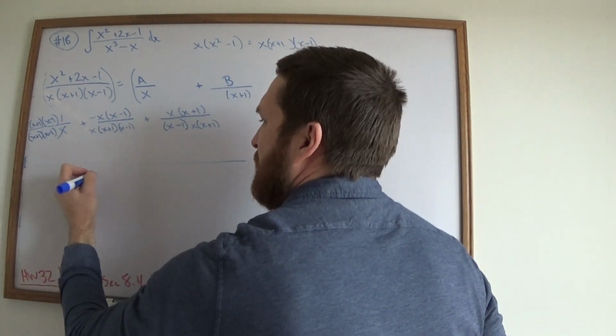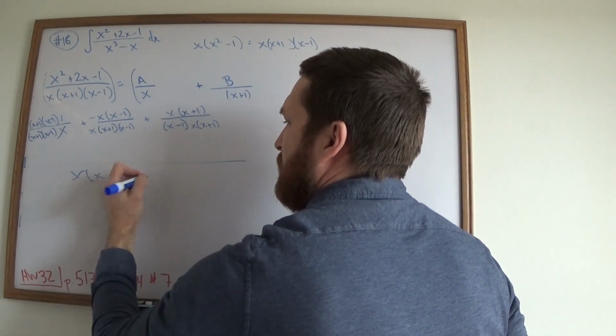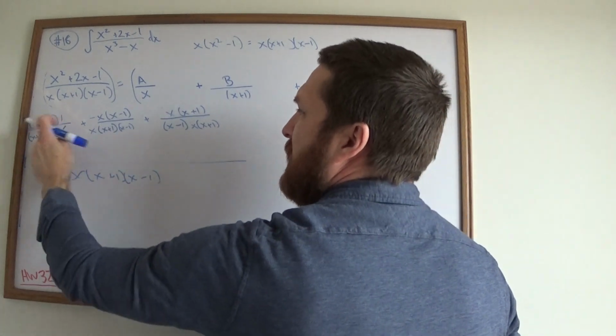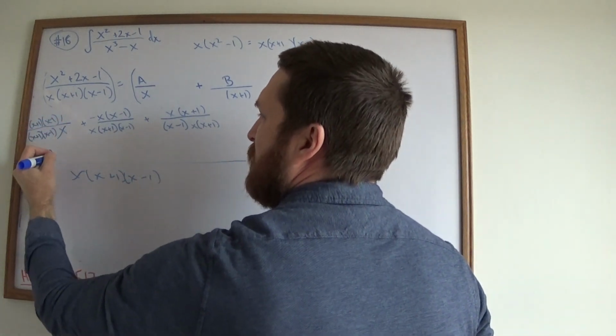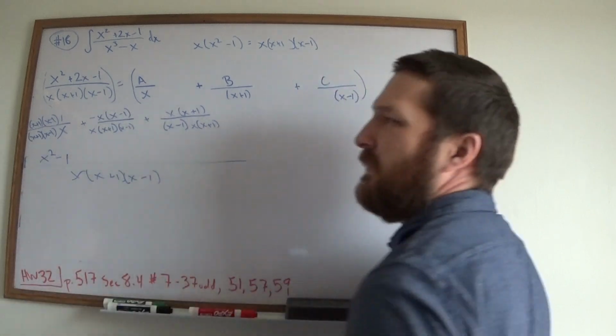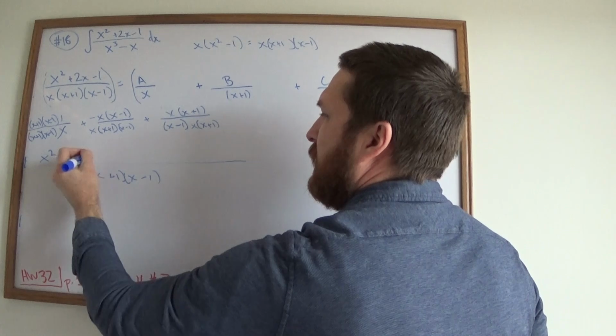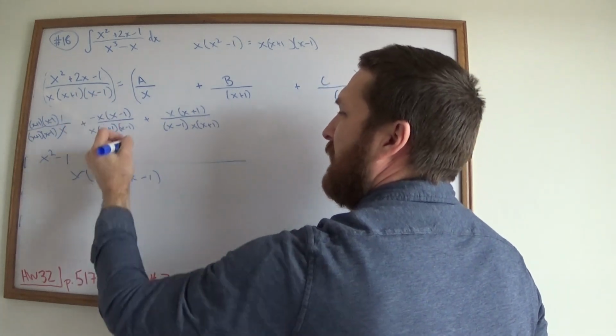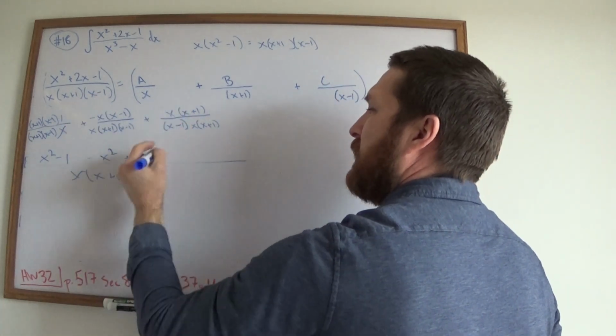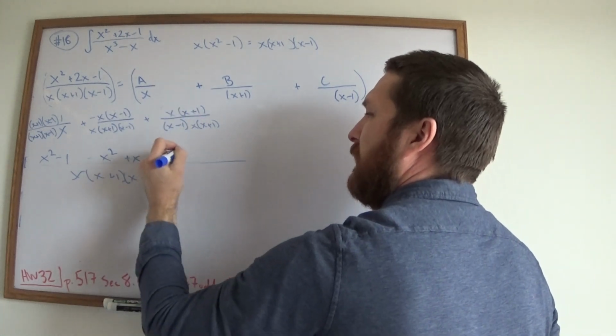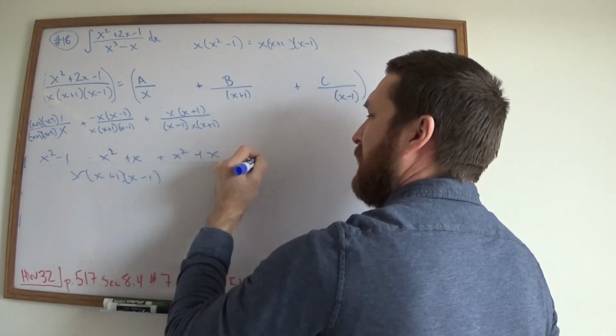So I have x plus 1, x minus 1. This works out to, first outer inner last, x squared minus 1. This is negative x squared plus x. This works out to x squared plus x.